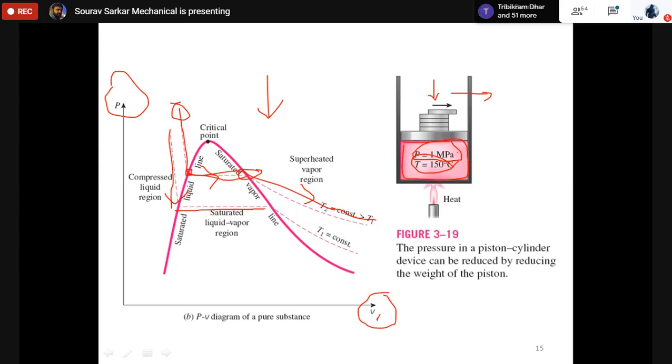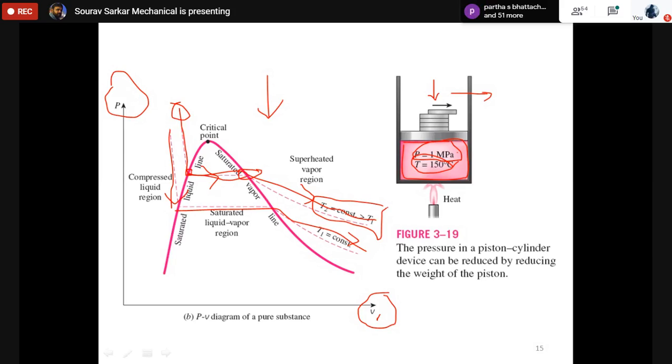Now if we draw this experiment for different temperatures, during this process I kept my temperature constant. It is an isothermal process. If you have a container, you keep the temperature constant and slowly decrease the pressure. What will happen? If the pressure is sufficiently low, the same liquid is about to boil. So it is basically boiling a liquid without adding heat. Are you getting my point?